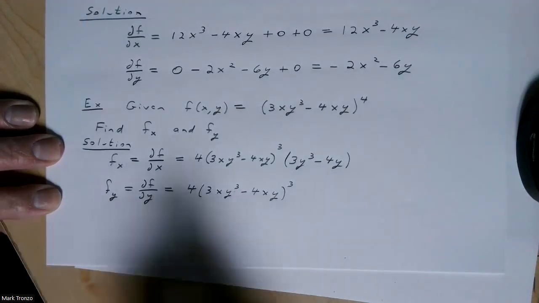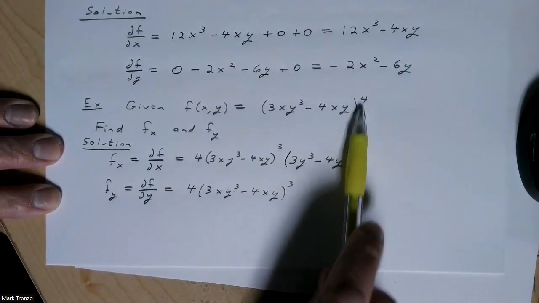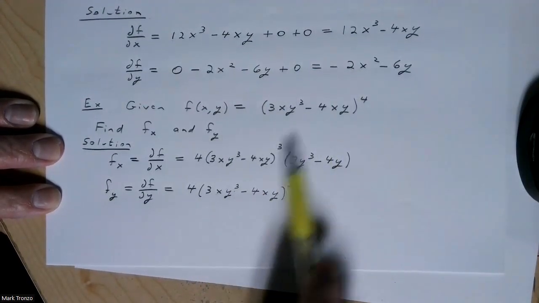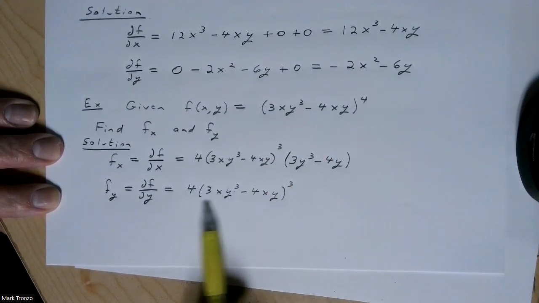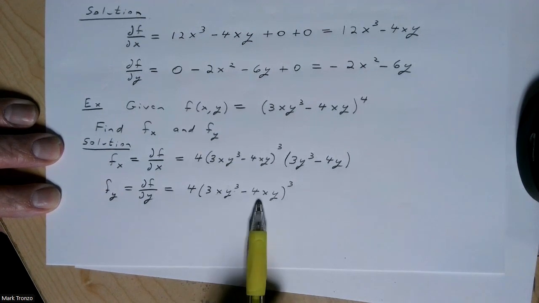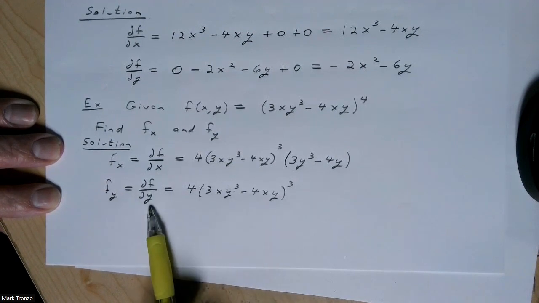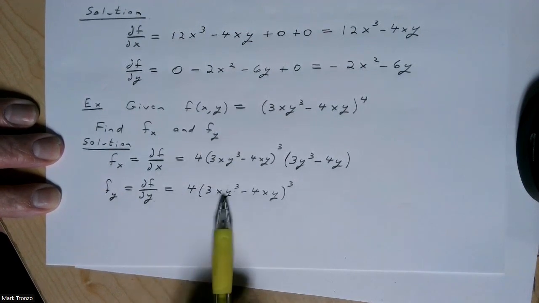And subtracting 1 again. Remember, I'm going back up here, bring the 4 down, subtract 1 for the exponent, the inside stays the same, but then it's a chain rule, so we take the derivative of this next with respect to y. That means we're going to treat x as a constant.